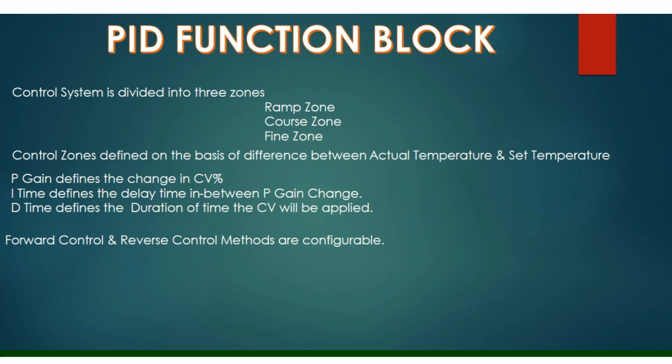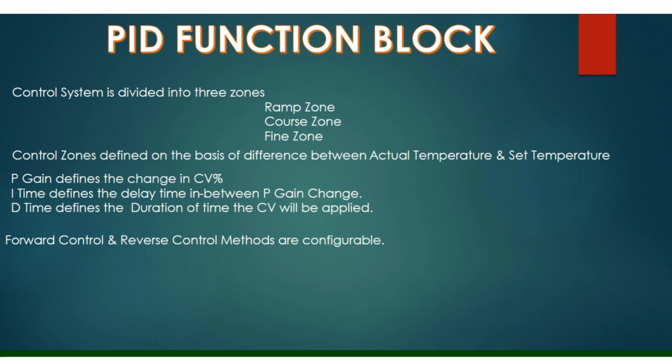It is not an issue to use this function block for any other type of control. If you want to control the pressure or the flow, this function block can be used. So the control zones are defined on the basis of the difference between the actual and the set values, set temperature, whatever you can say.